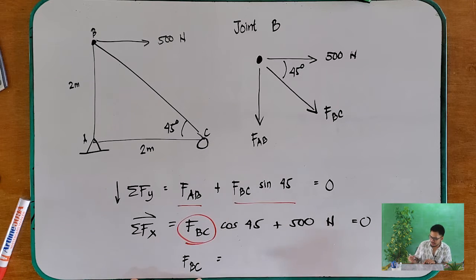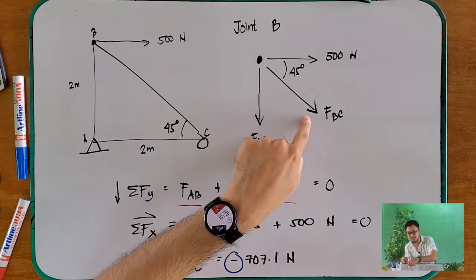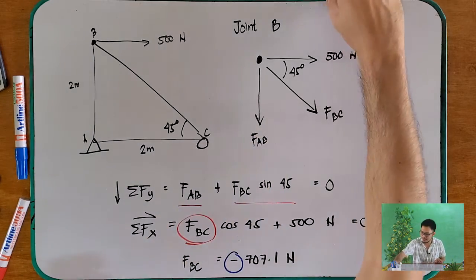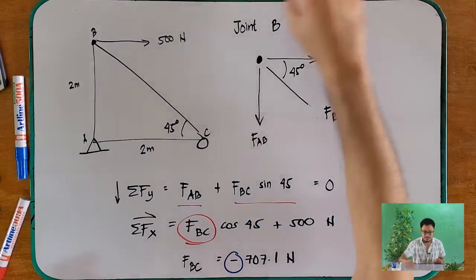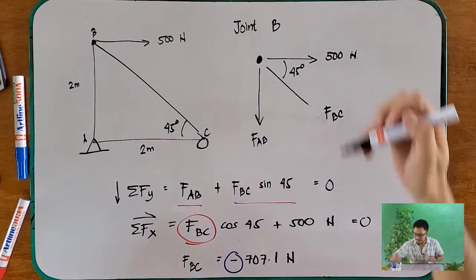And your FBC daw has an answer of negative 707.1 newtons. As you can see, this one is negative. So therefore, our assumption of tension here is wrong. So this one should be going the other way.